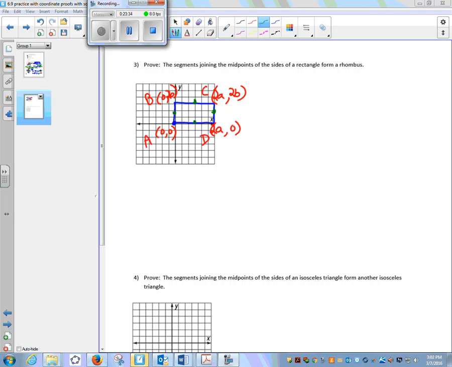Okay, so we started with a rectangle. Now we need the midpoints of the sides of the rectangle. So we're going to get the midpoint. Again, label what formula you're using. Midpoints of sides AB first, and then BC, CD, and then AD.